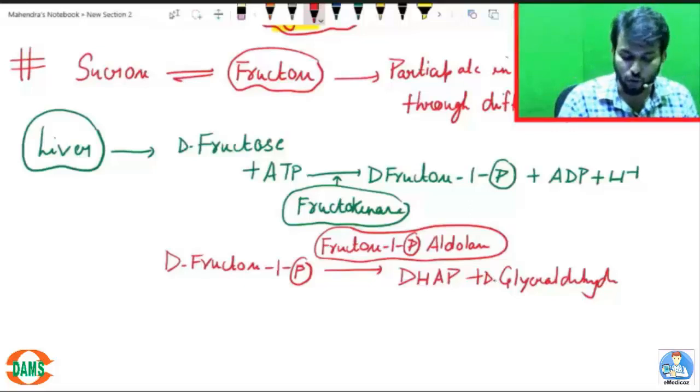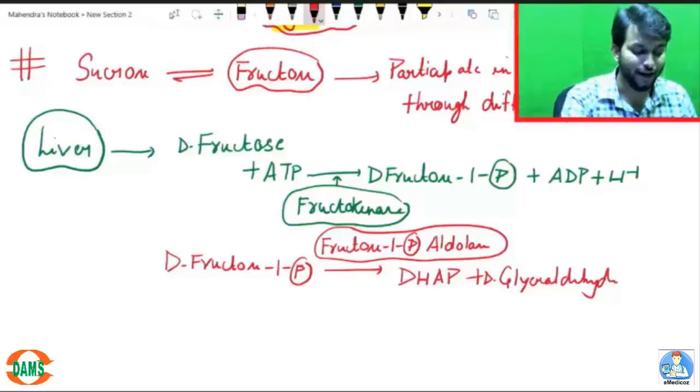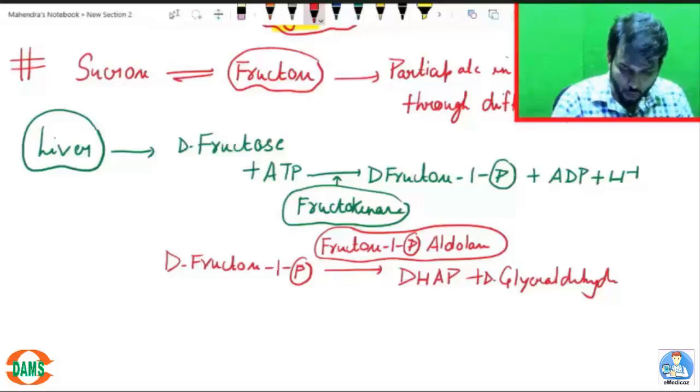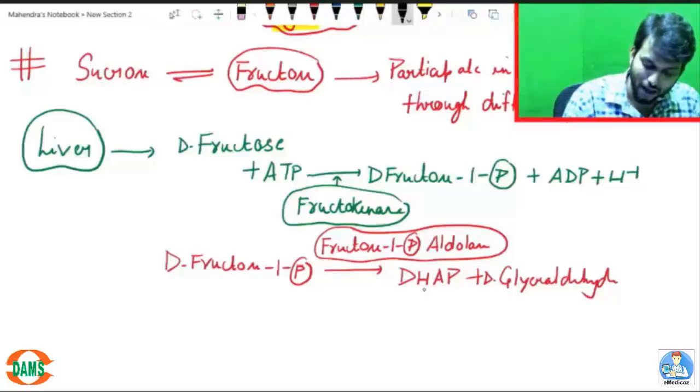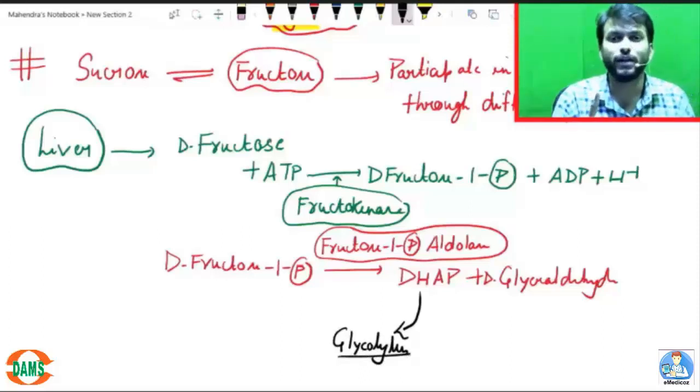Of these two molecules, D-glyceraldehyde and dihydroxyacetone phosphate, we know that DHAP can enter into glycolysis, but there is no place for D-glyceraldehyde.